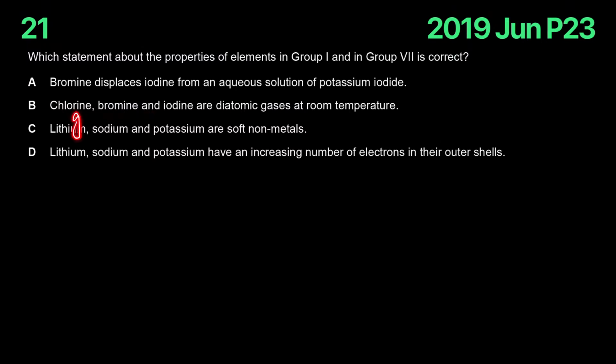Chlorine is a gas, bromine is a liquid at room temperature, and iodine is a solid at room temperature. So this is incorrect. Lithium, sodium, and potassium are soft metals. Lithium, sodium, potassium have an increasing number of electrons in their outer shell. Not their outer shell, their total number of electrons. And bromine does displace iodine because bromine is more reactive and successfully displaces iodine.